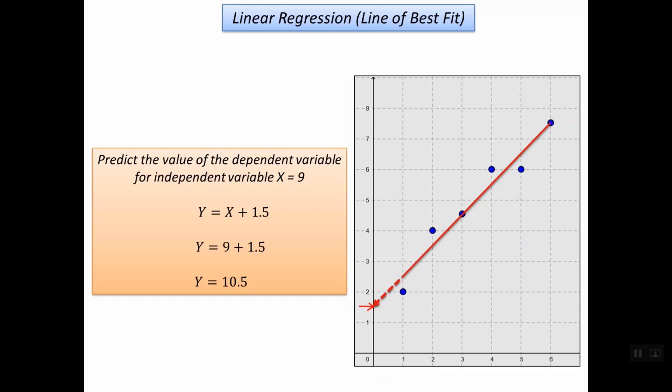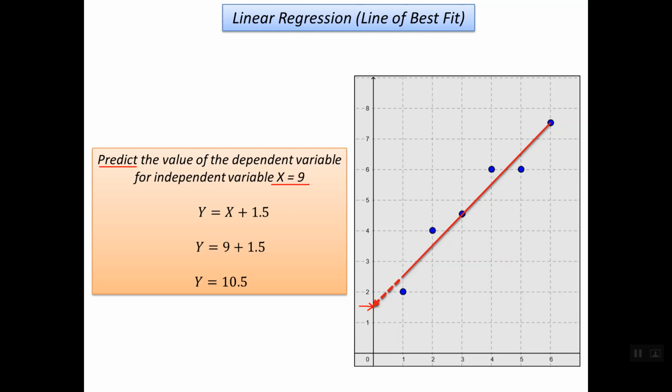So again, the purpose of the linear regression is simply to predict a value for the dependent variable for a specific value of the independent variable. Let's try this simple question. Predict the value of the dependent variable for independent variable x equal 9.